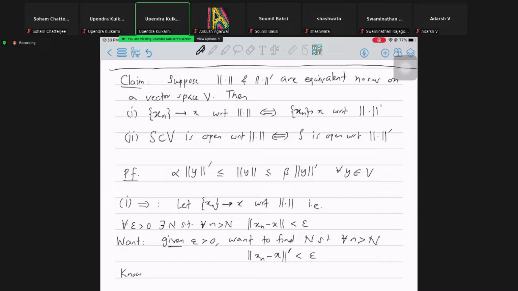I know that xn minus x, this is the thing that I want to show is less than something, correct? Well, it is not less than anything the way it is. But if I want to write it directly, then I know that alpha times the prime norm is less than the unprimed norm of xn minus x.